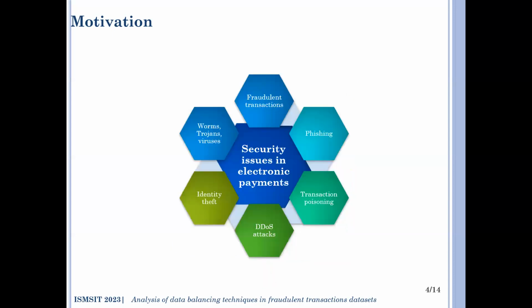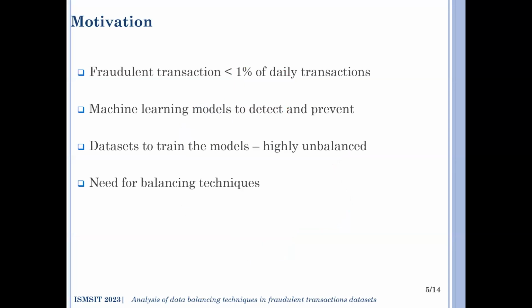I'm sure all of us are familiar with the most common security issues in electronic payments, such as transaction poisoning, denial of service attacks, identity theft, worms, trojans, viruses, and others of the like, phishing. But our work focuses on fraudulent transactions. So fraudulent transactions, happily, are under 1% of daily transactions.